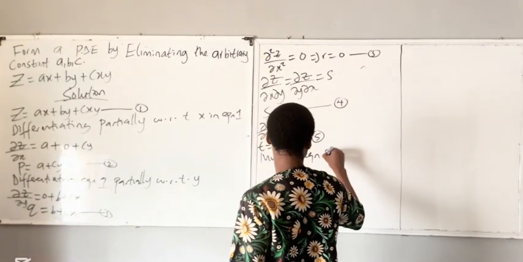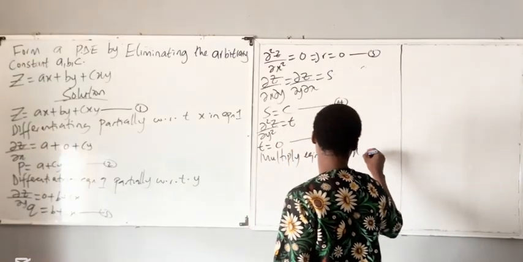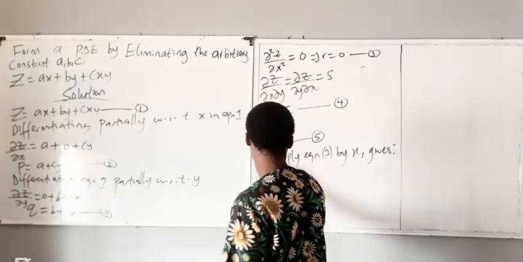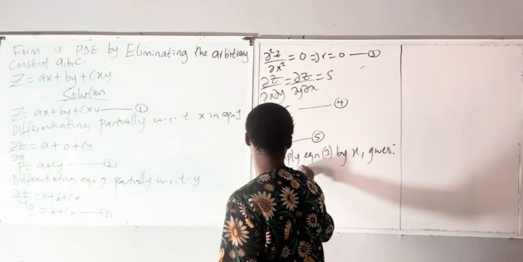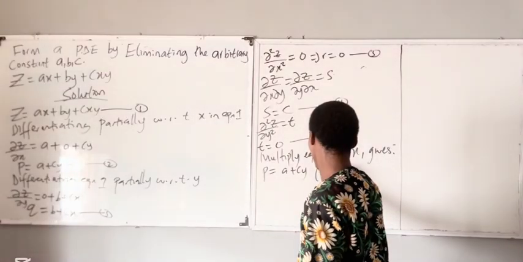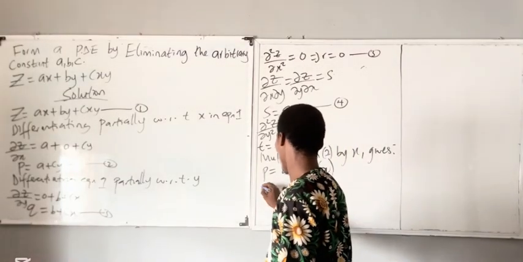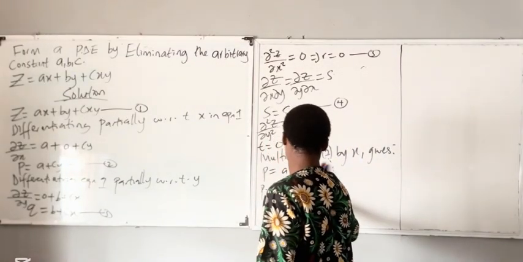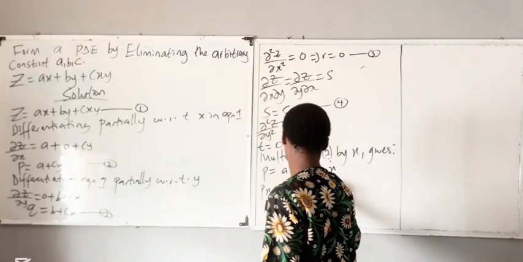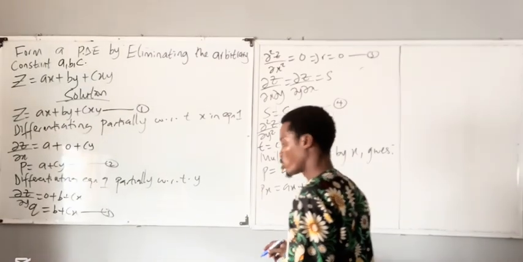Multiply equation 2 by x gives, equation 2 is p is equal to a plus cy. Let us multiply it by x. I'm going to have px is equal to ax plus cxy.